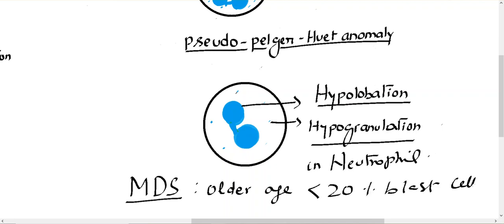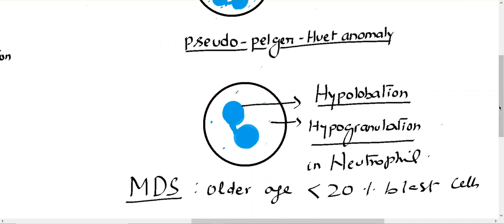Okay, so less than 20% of blast cells in the bone marrow, older population. So when you see MDS, with all this less than 20% of blast cells along with pseudo-Pelger-Huët anomaly, that is hypolobation and hypogranulation of neutrophils, that's one of the features that the patient has MDS.